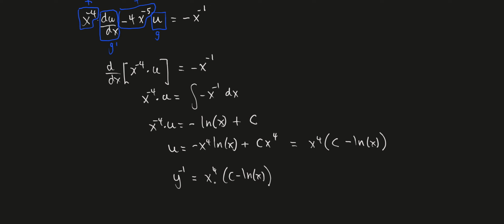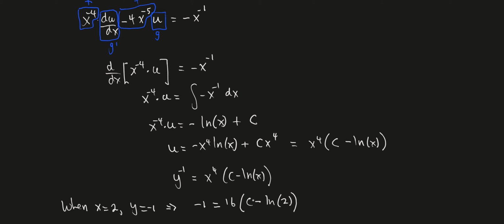So this is our general solution, but now we have an initial condition. It says that when x is equal to 2, y is equal to -1. So this gives me an equation. If I have -1 to the negative first power, that's still -1. 2 to the fourth power is 16, and then in parentheses I'll have c minus the natural log of 2.